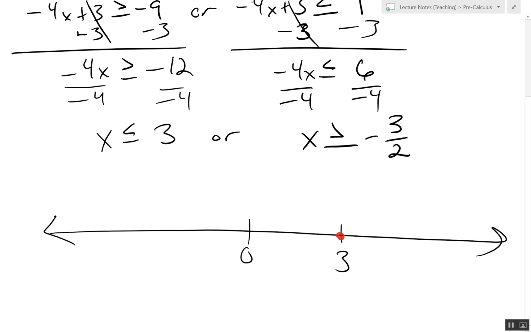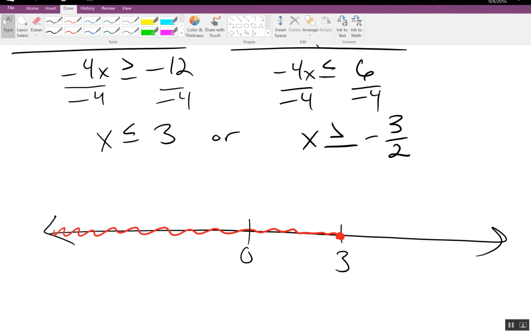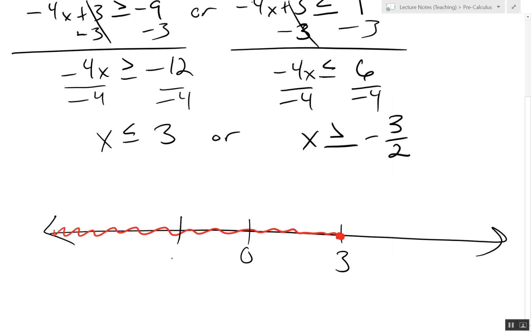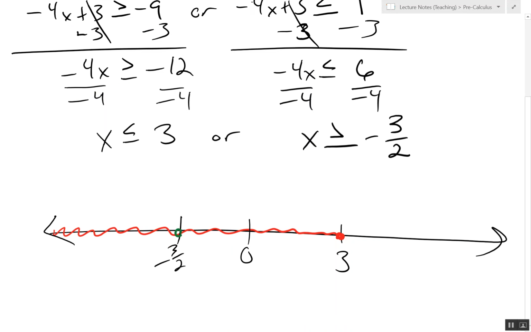So this will be this point here and everything to the left of it. Let's look at the other inequality. The other point here is negative 3 over 2, and then we graph everything on it. So we're going to have the solid dot here and everything green to the right here.